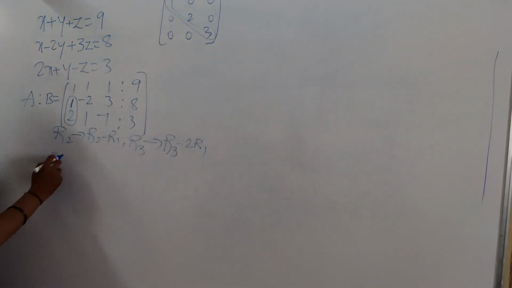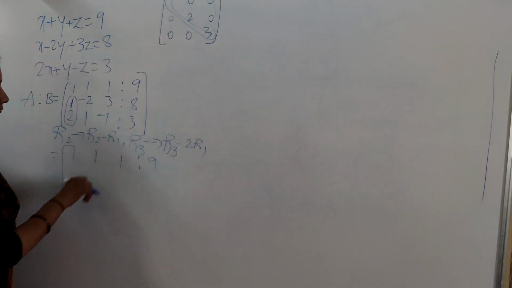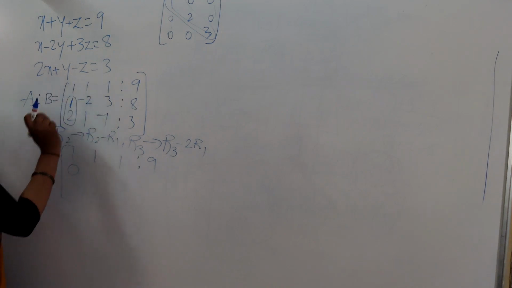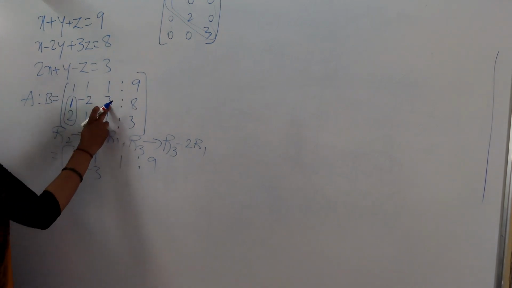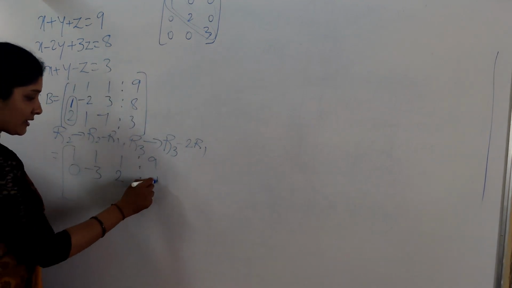Now, let me write this. So, R2: 1 minus 1, 0. Minus 2 minus 1, minus 3. 3 minus 1, 2. 8 minus 9, minus 1.